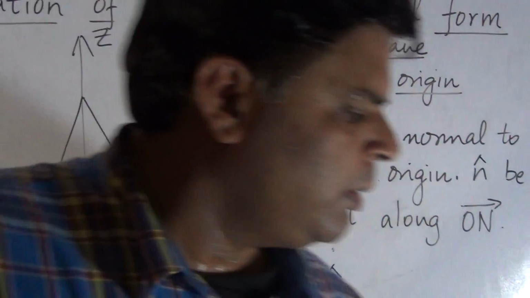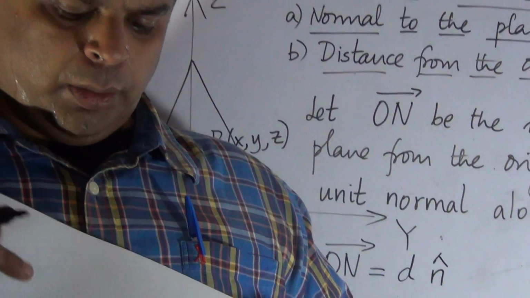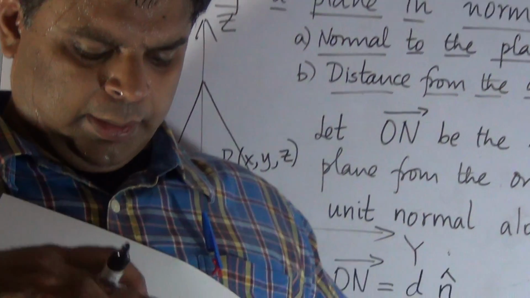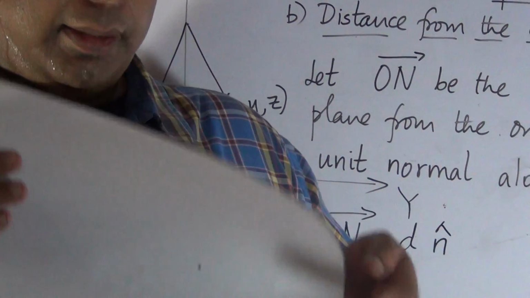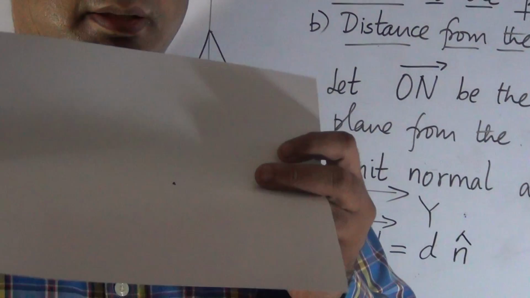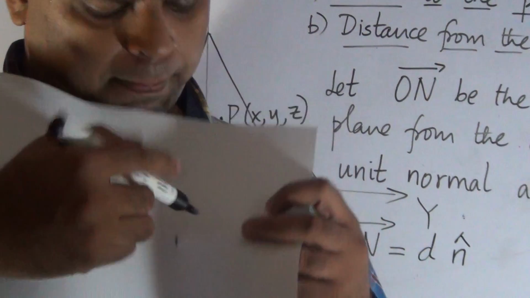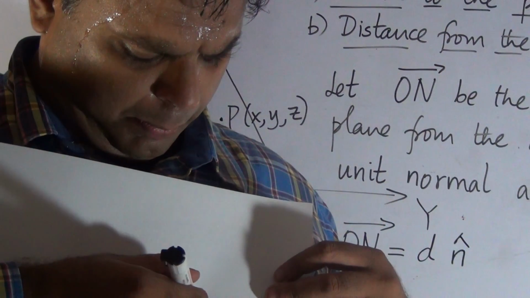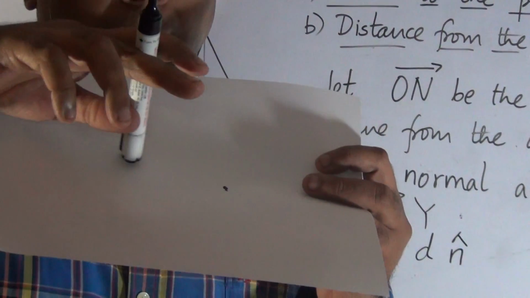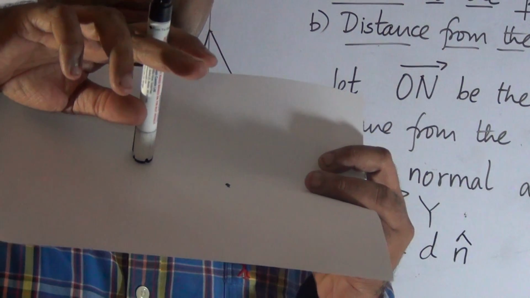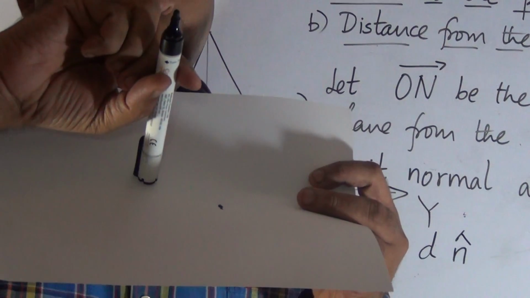Now let me take any point P on the plane. So here is the plane, here is the normal coming out of it. Let P be any point here. Here is the point P, and there is the normal. Fine? ON, it comes like this.